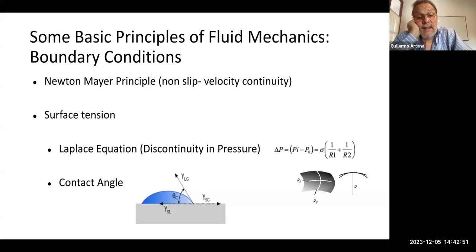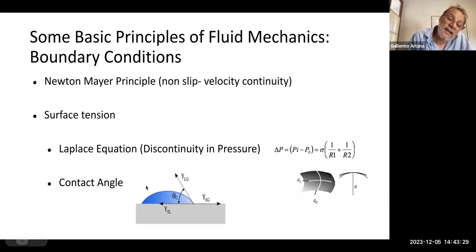But also, and this is one of the aspects that appears as the main topic in this talk, there are surface tension effects. So there you have a Laplace equation: if you have a curved surface, you have a pressure jump across it, and this pressure jump is related to the surface tension and the principal radii of curvature of the interface.